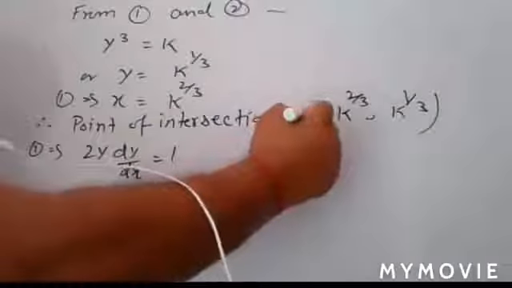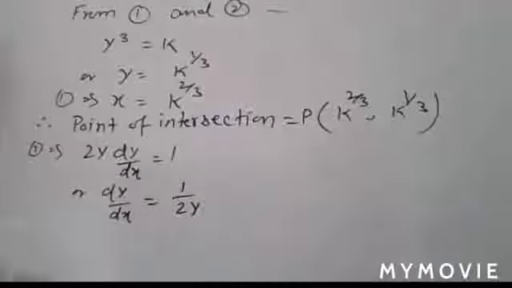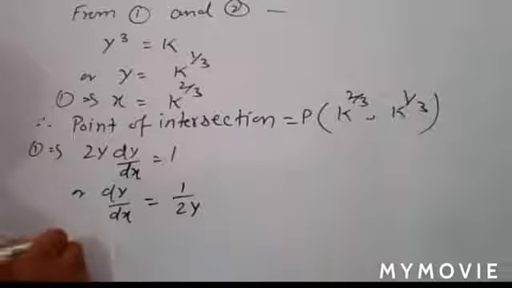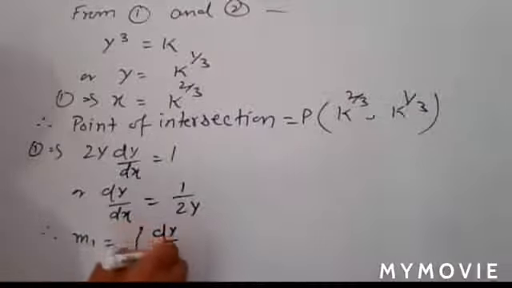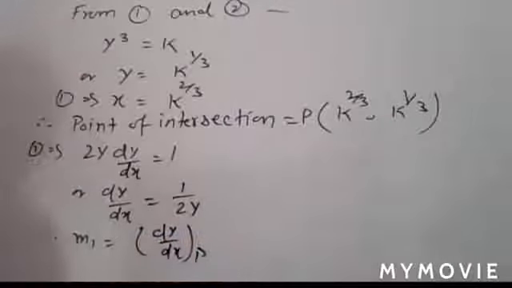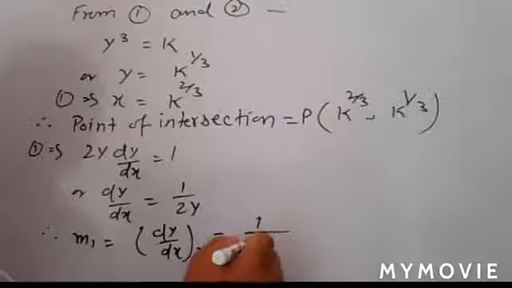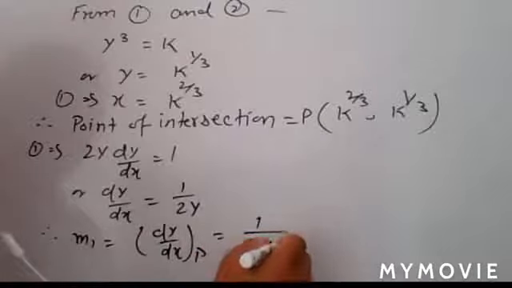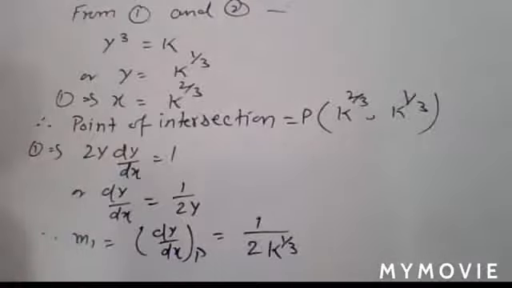Suppose that point is taken as P. If you find the value of the derivative at that point, that gives the value of m1. So m1 is equal to dy by dx at the point P, and now putting its value, you have 1 upon 2 into k to the power 1 upon 3, that gives the value of m1.